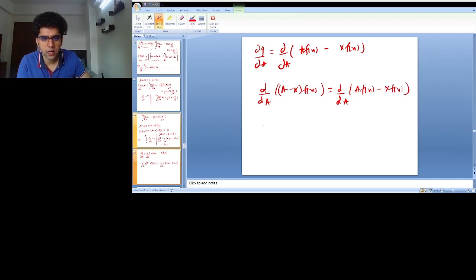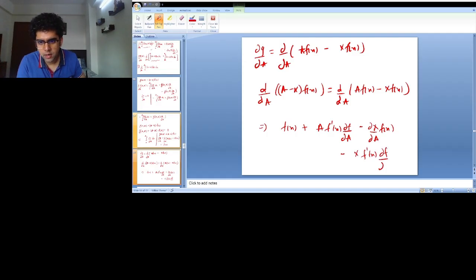And if I need to find the normal derivative with respect to a, not the partial derivative, then my expression would have become f(x), just applying the product rule, plus a f dash x del f by del a, minus x f dash x del f by del a, right?